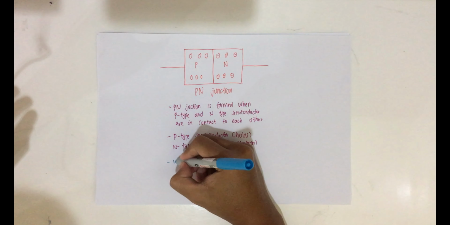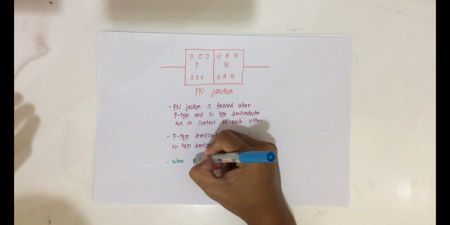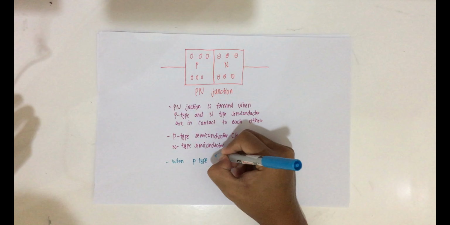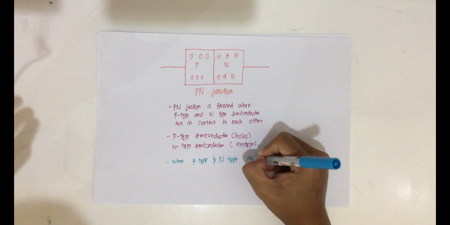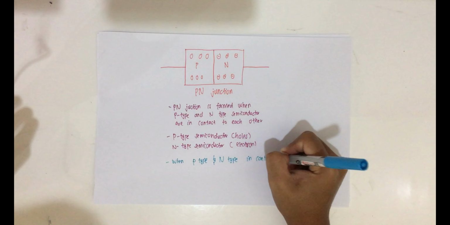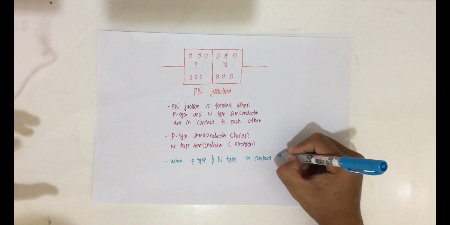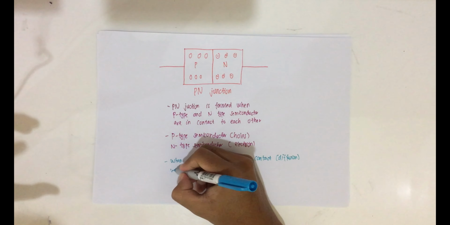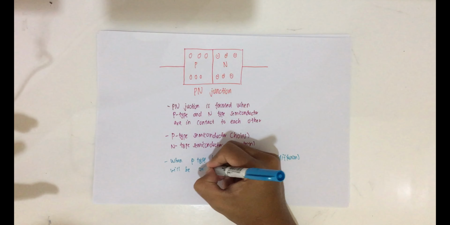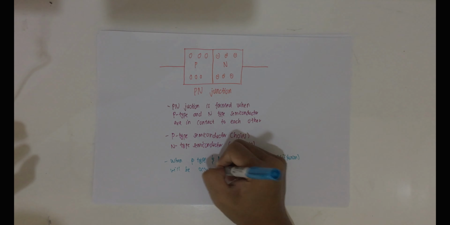So when P-type and N-type are in contact, a process called diffusion will occur. So what is diffusion?